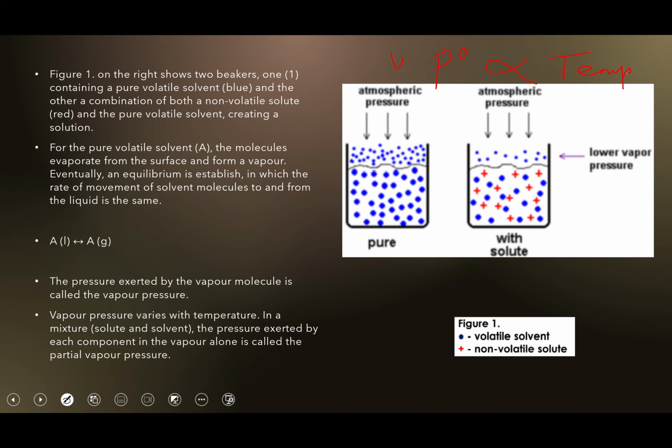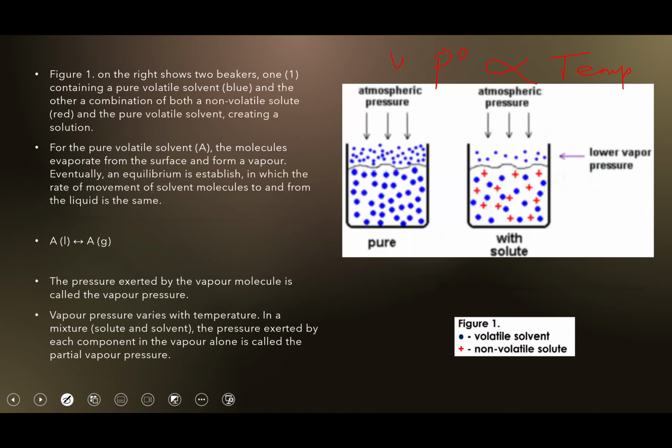So it's directly proportional to change in temperature. The pressure exerted by each component of the vapor alone is called the partial vapor pressure. So we have partial pressure and regular pressure, but now we have vapor pressure and partial vapor pressure. Hopefully this makes sense.